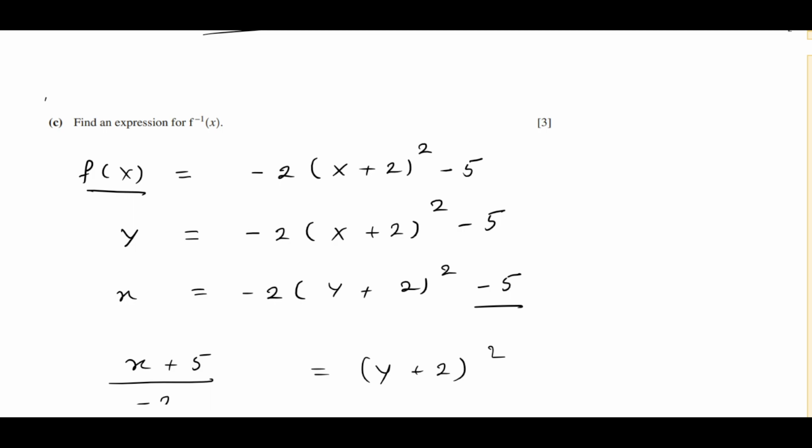It is -2 (x plus 2) the whole square, and then -5. Okay, now this is our graph.